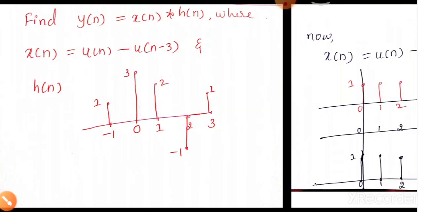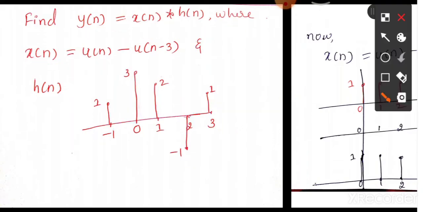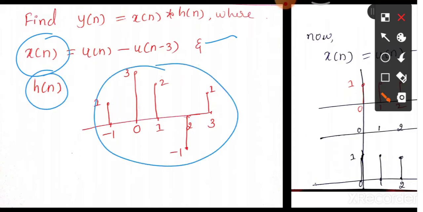Okay, so first we have to get both, that is x of n and h of n, in the form of signals, and then we have to keep any one as constant and the other one has to be shifted and reversed. Okay, the method remains the same as that of your continuous time signal.